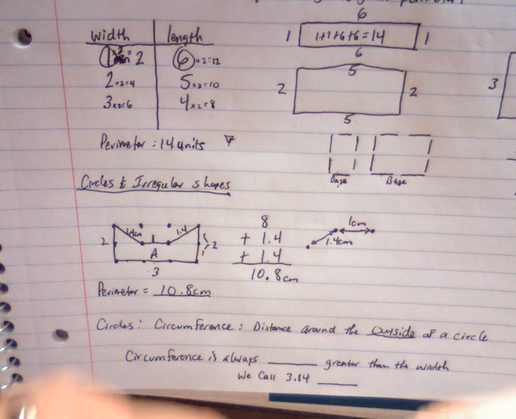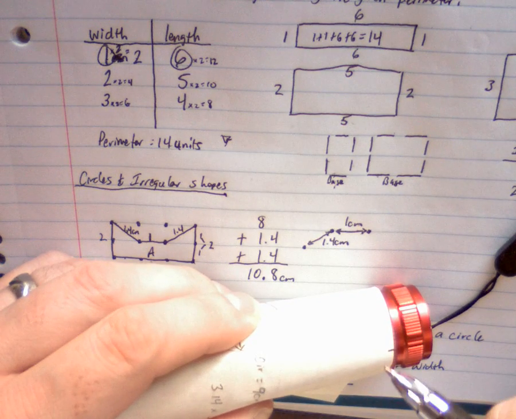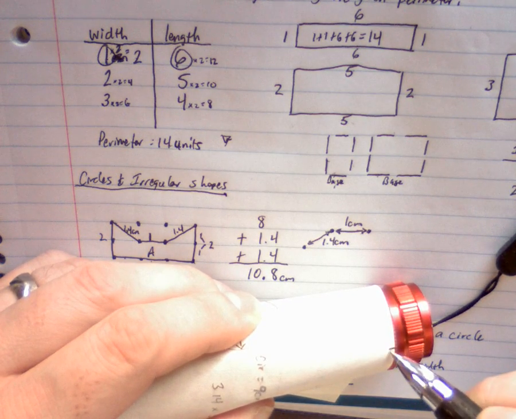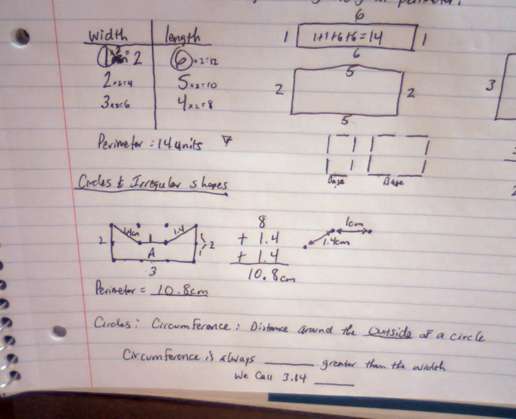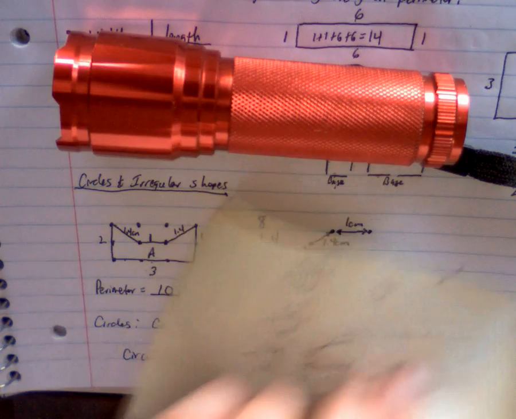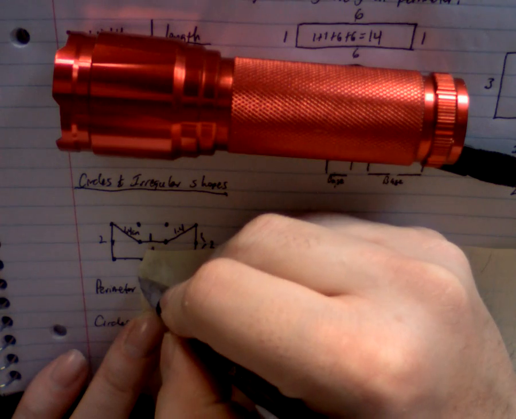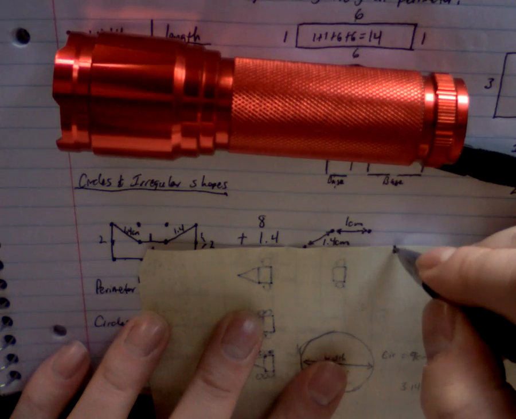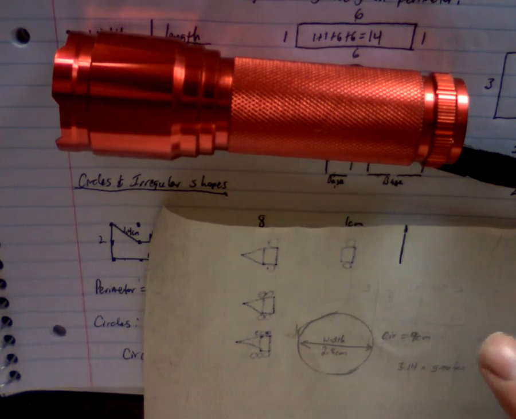Okay, and then what I'm going to do is mark a line because I can see underneath where my paper starts. So I mark a line, and then I know from where my paper started, which was right here, to where my line is, and then what I do is I measure.